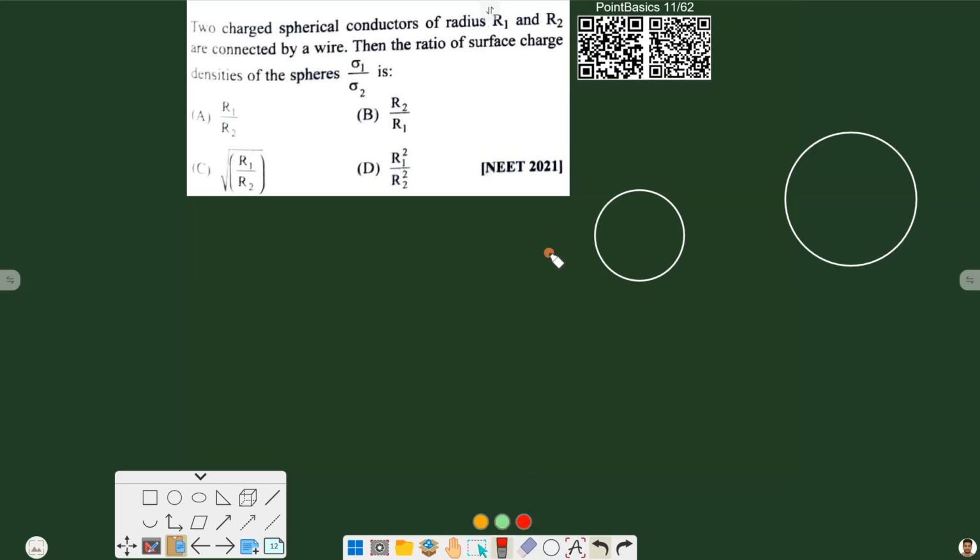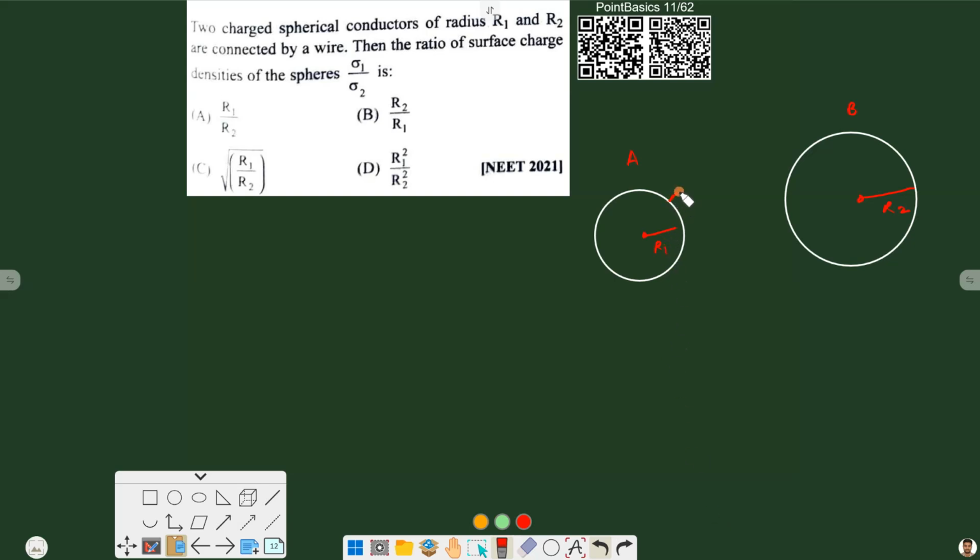Now this time we will mention them with proper names. So this is A, this is B, with radii R1 and R2. We have to find the ratio of their densities, and we are given nothing else.